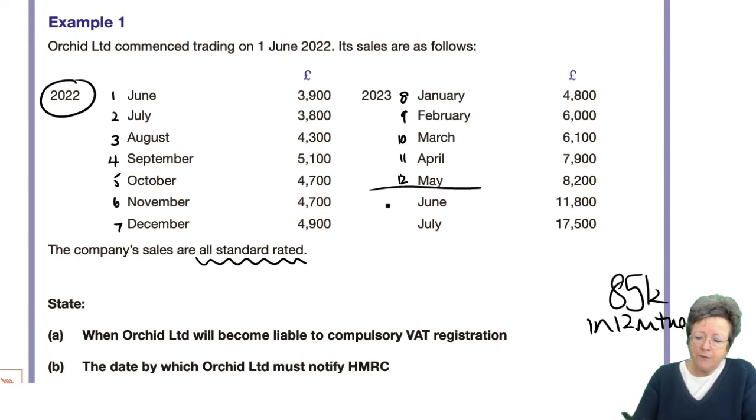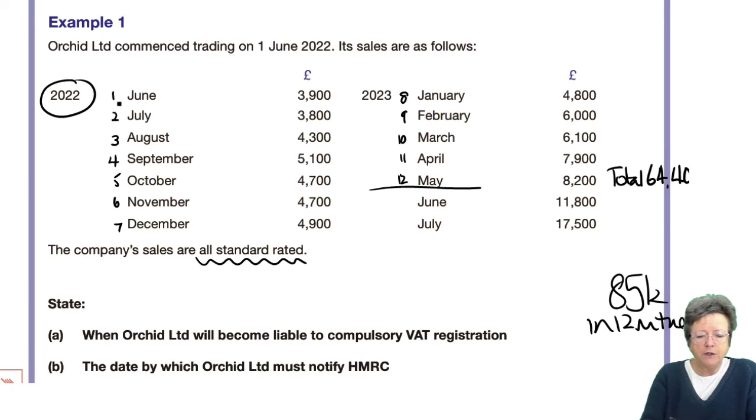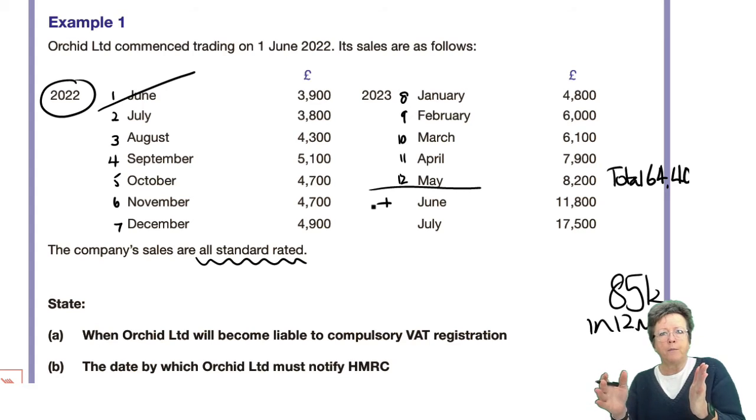At the end of May, the total is 64,400. So in that 12-month period, they did not exceed the limit. Now, a rolling 12 months means we take off that one and add on that one. So we've rolled it forward 1 month.